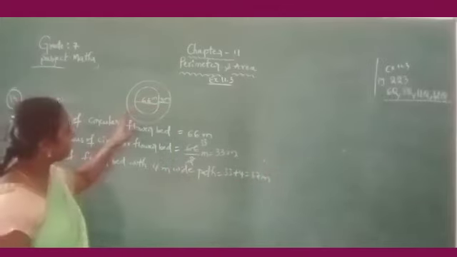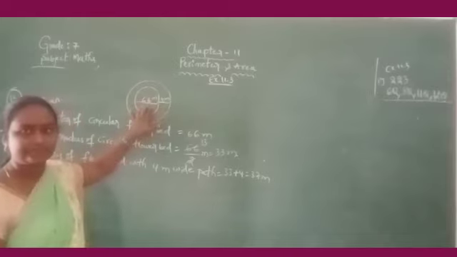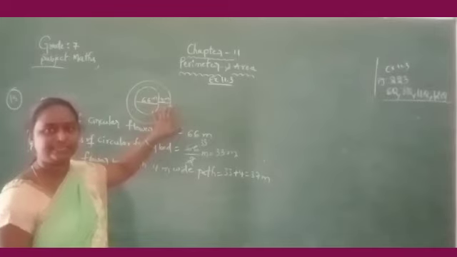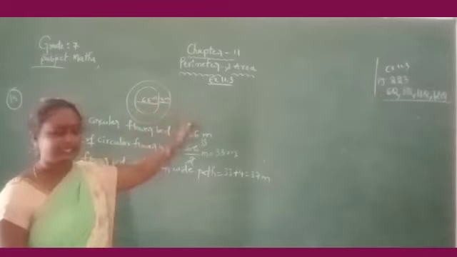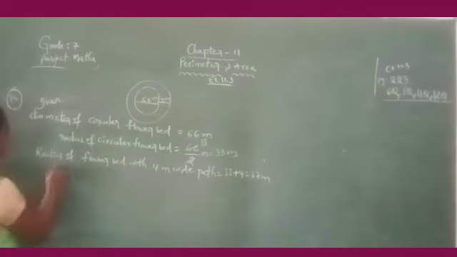First the circle of diameter 66 meters, after that the surrounding 4 meters wide means some extra 4 meters added. That is 37 meters. Now we have to find according to the question.